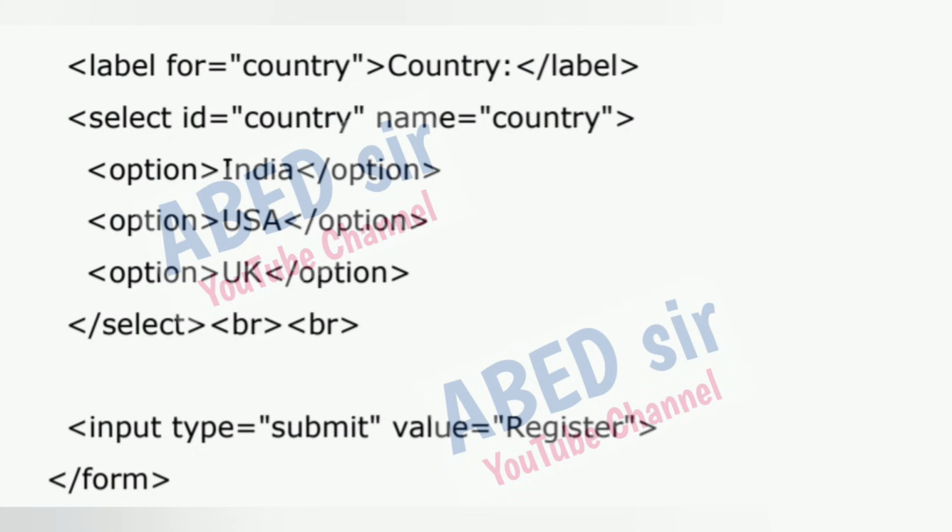Label for is equal to country, label. Select ID is equal to country, name is equal to country. Option India option. Option USA option. Option UK option. Select BR. Input type is equal to submit, value is equal to register.